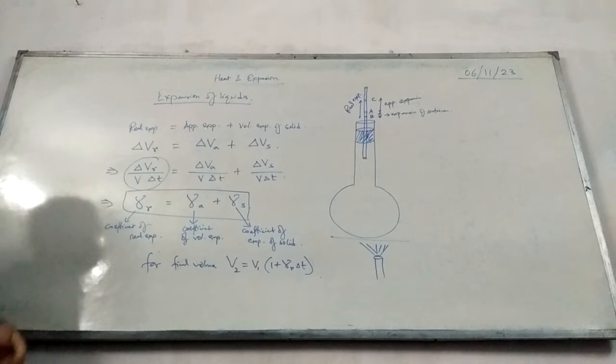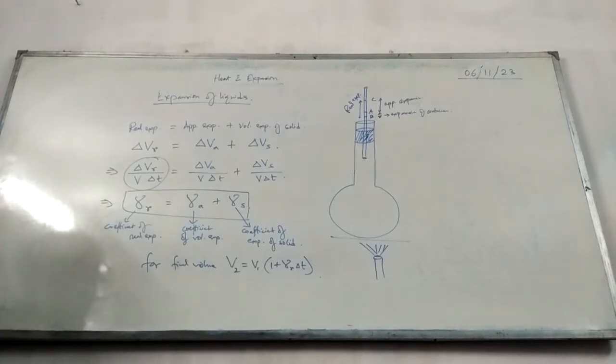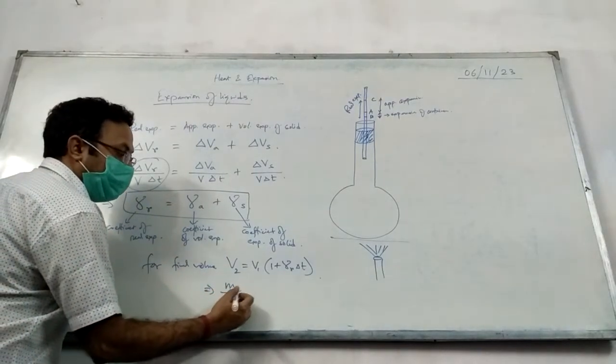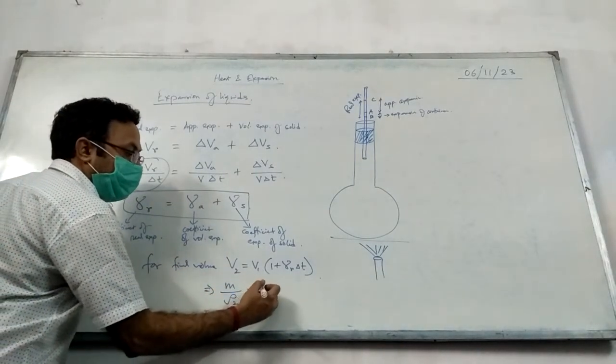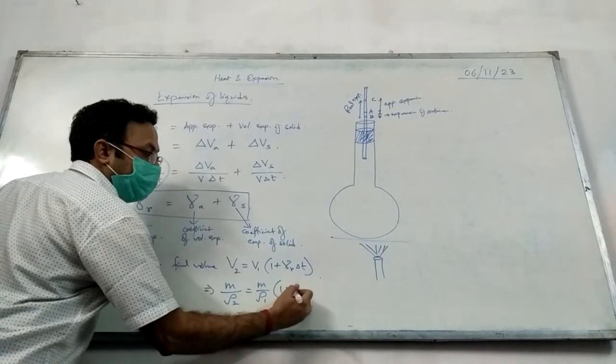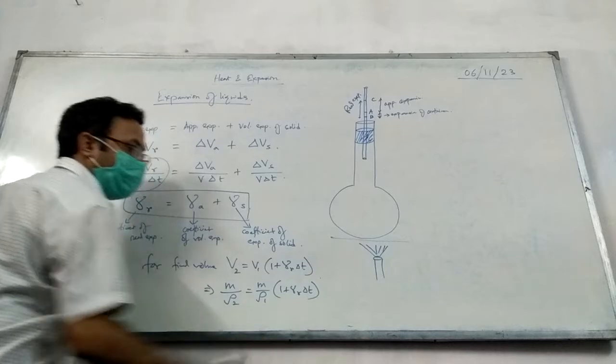Now you know there is a relation between volume and density. What is the relation? Volume is mass by density. So you can write mass by final density equal to mass by initial density into 1 plus gamma delta T.